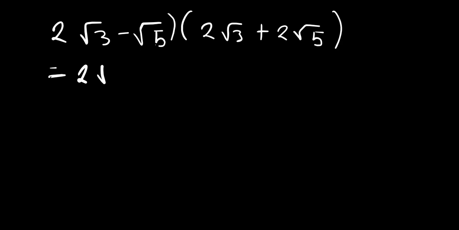This is 2 root 3, we can't simplify it any further, minus root 5. Let me also put this one in brackets. What this means is that the 2 root 3 will multiply by everything that is in the brackets, then also the negative root 5 will multiply by everything that is in the brackets. So that's what we are going to do.